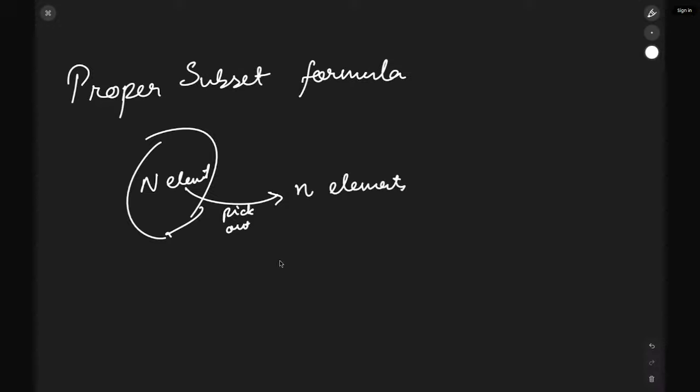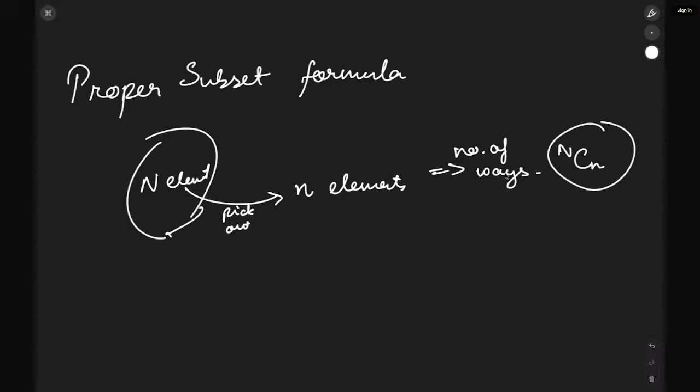So in how many ways can you do this? If you have done permutation and combination, the number of ways will be nCn. Alright. Therefore, the number of possible subsets containing n number of elements from a set containing capital N number of elements will be equal to this.